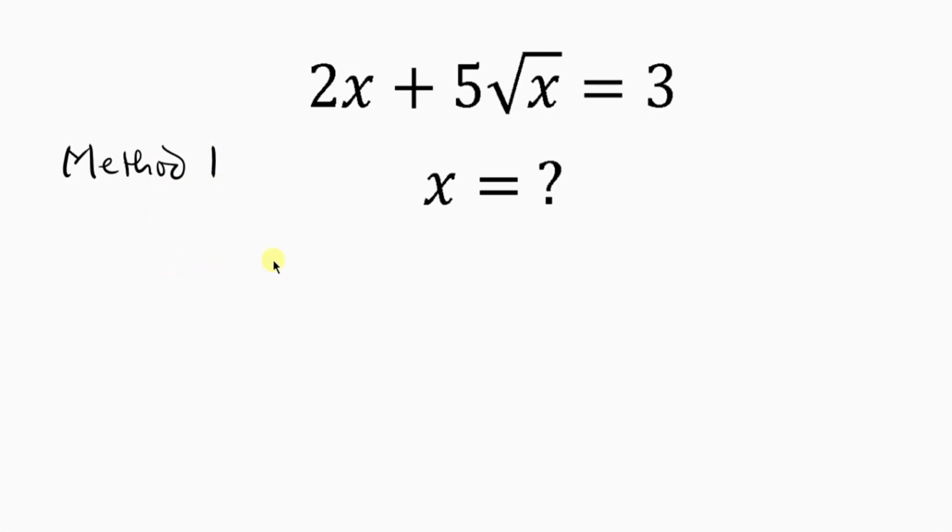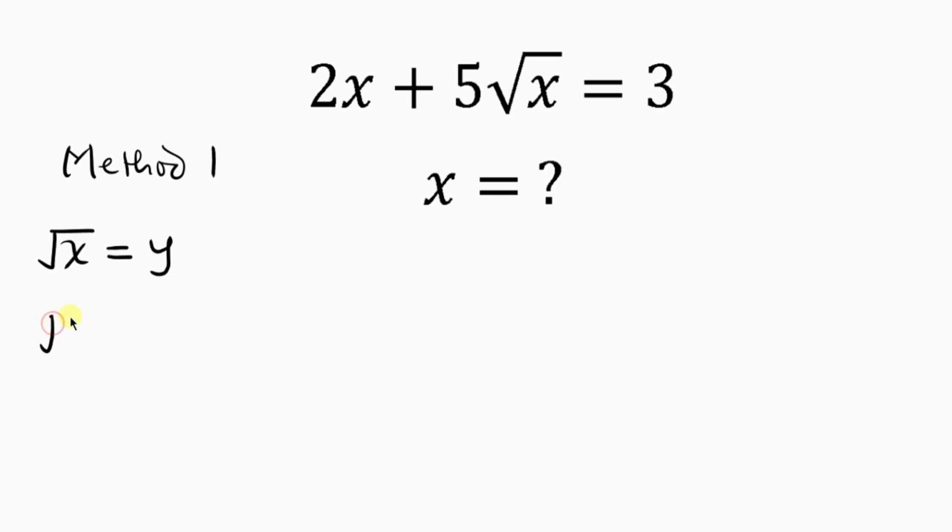For method 1, I'm going to pick the square root of x, and I'll substitute y for the square root of x. I also need x, but in order to get x from the square root of x, I will have to take the square of both sides.